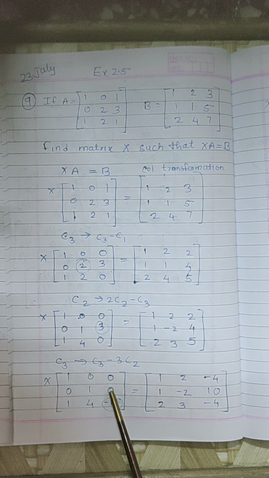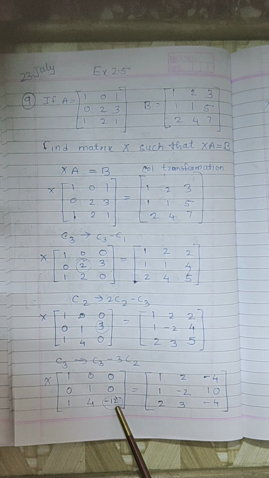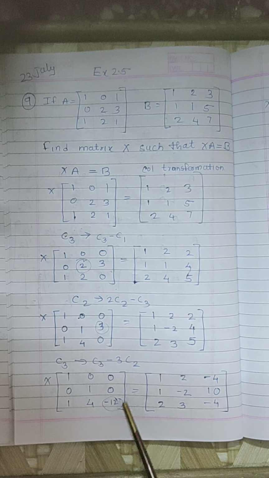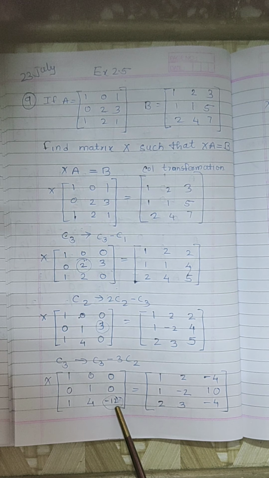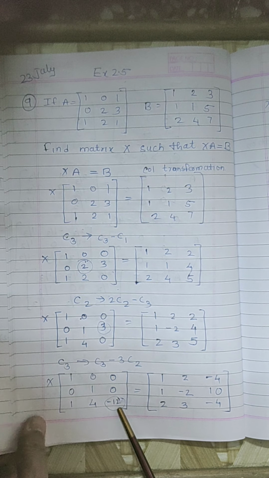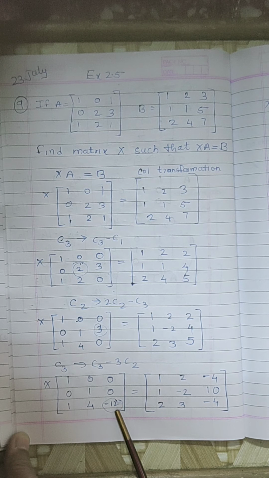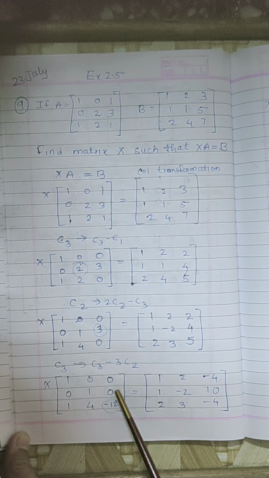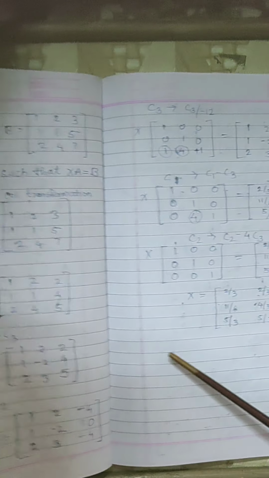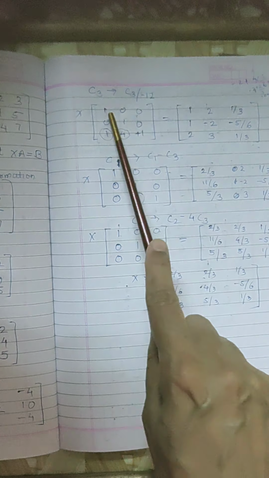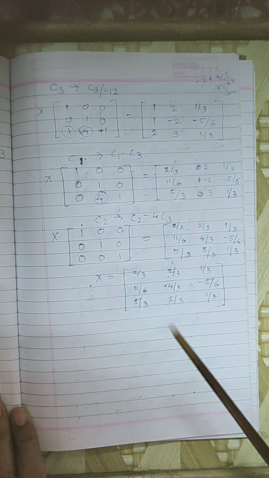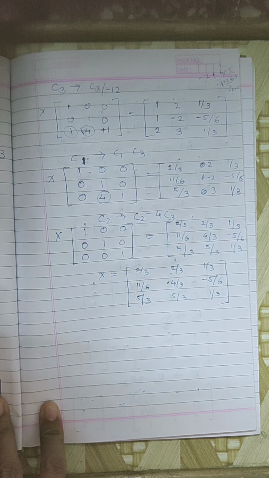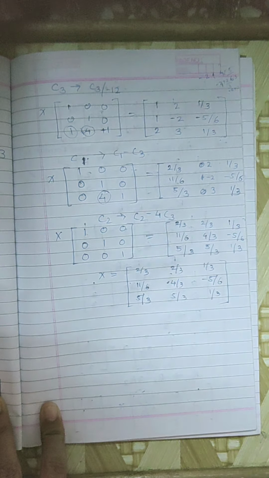Now this has become 0. Now this we have to convert into 1, without changing anything else. If you divide this by minus 12, it will be converted into 1. So the next transformation is C3 changes to C3 upon minus 12. C1 and C2 write down as it is.